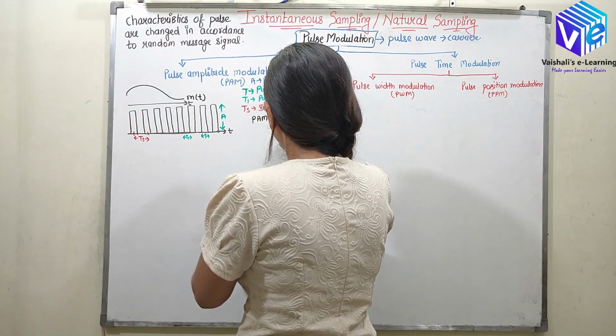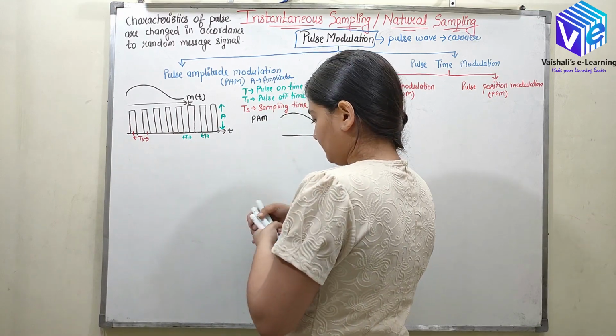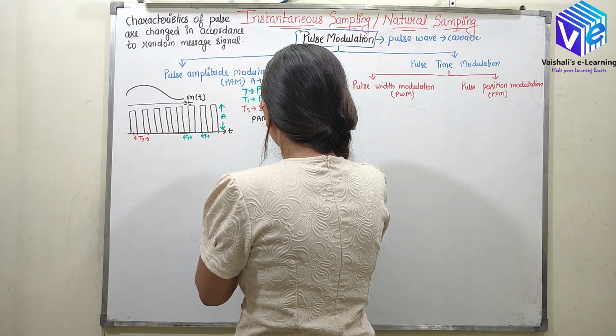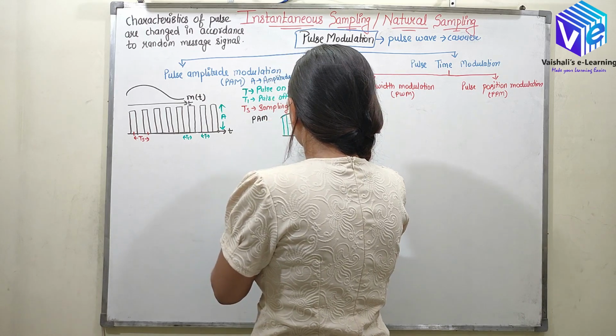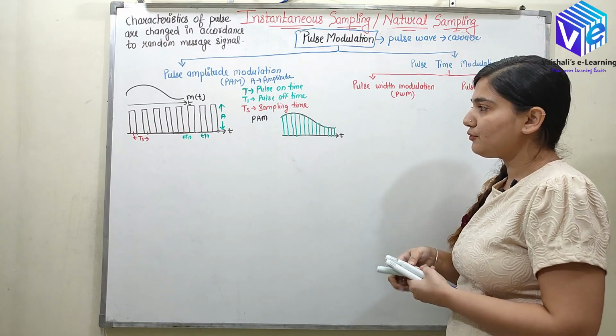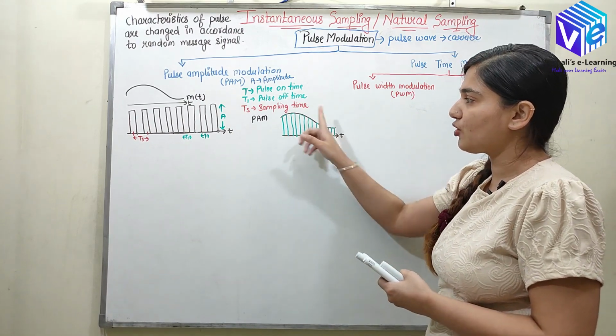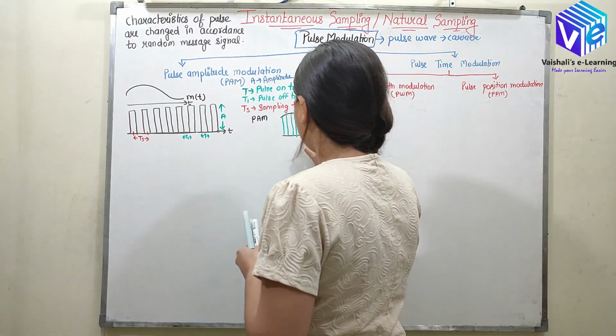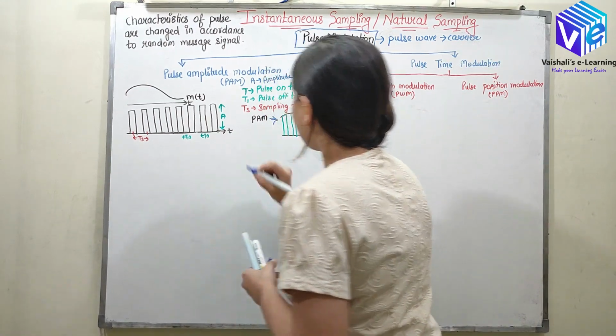I hope you remember. You can see the amplitude of the pulse is changed in accordance to the message signal, and this process is called PAM. So this is PAM.